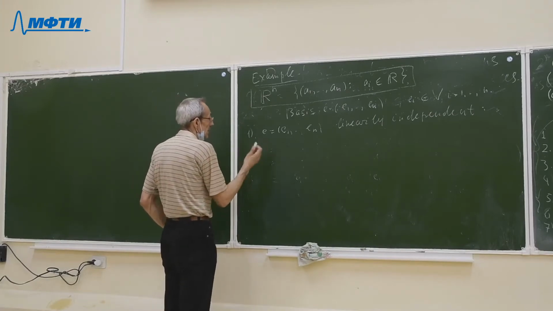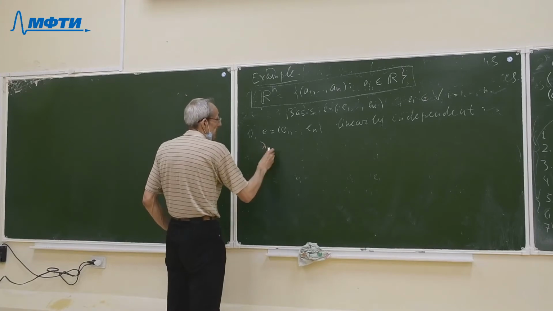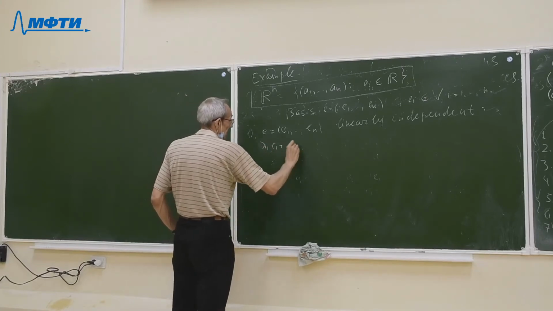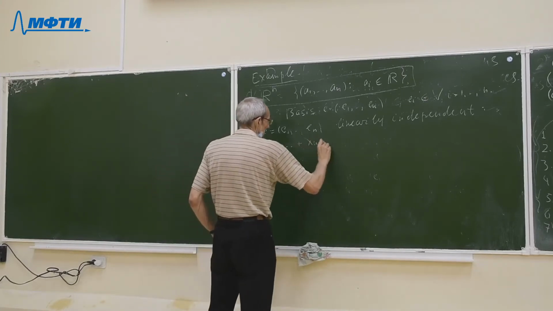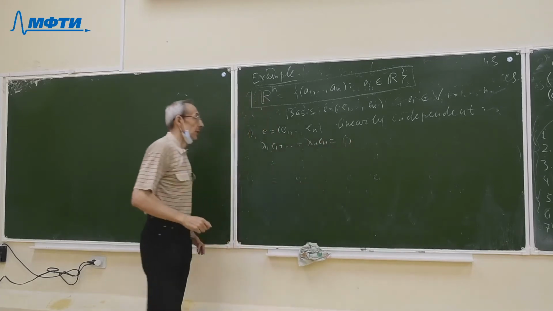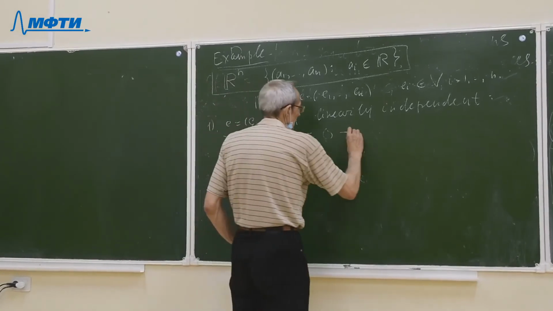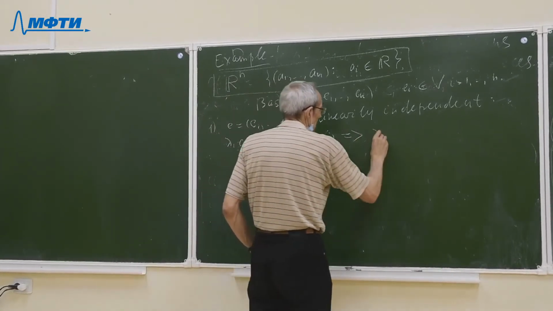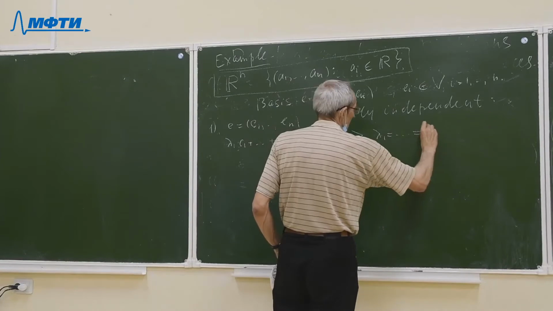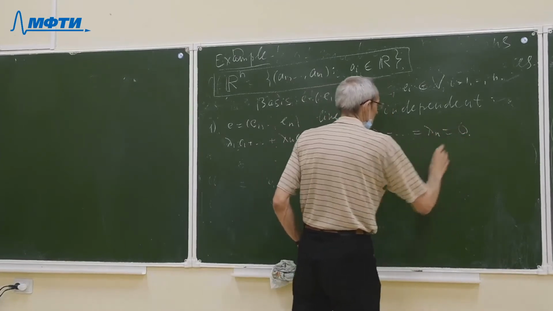This means that if we have some linear combination of these vectors and this linear combination is equal to the 0 vector, from this fact it follows that all coefficients of this linear combination are equal to 0.